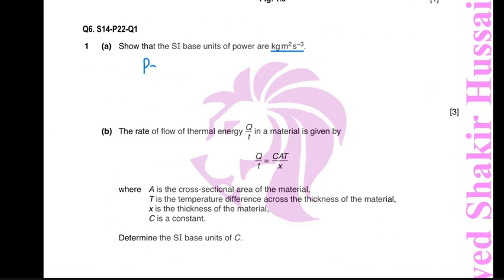Power is work done upon time, or force into distance upon time. So that will become kg, that is kg m s⁻² into m over s.